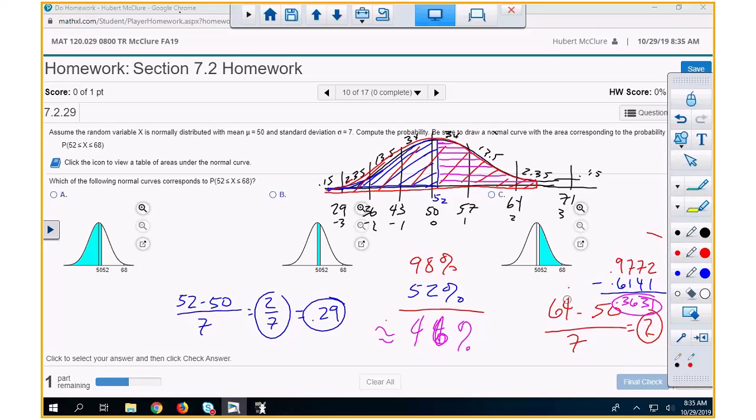I don't know why I did that. So 68 minus 50 is what? 2.57. So that was my problem. I knew there was something wrong when I got 46%, but it's 38%, which is a little bit closer. So my bad on that one. That's supposed to be 68.